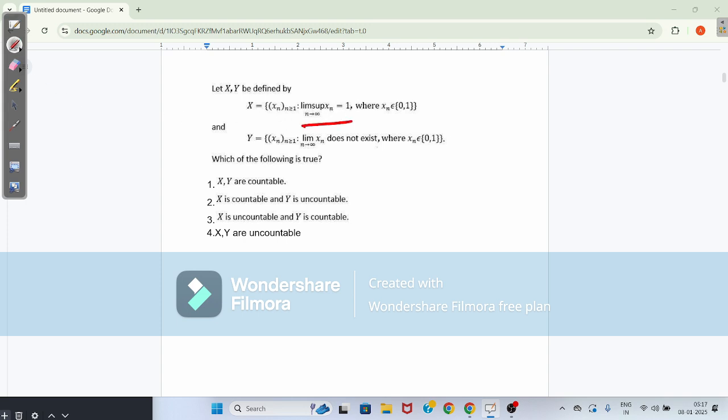When you apply the limit in this interval, this value of the limit occurs a finite number of times, so this value of x is uncountable.